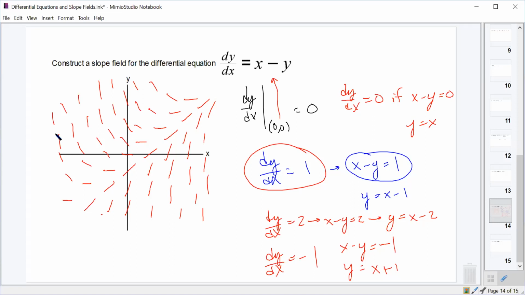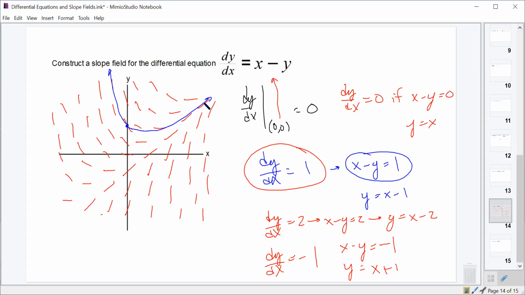For example, if I were to try to plot the solution to this differential equation that went through, I don't know, this point here, it's like 0, 2-ish. To the left, it would start going up and increasing very rapidly here, then flatten out and start coming towards this slope of 1 there.